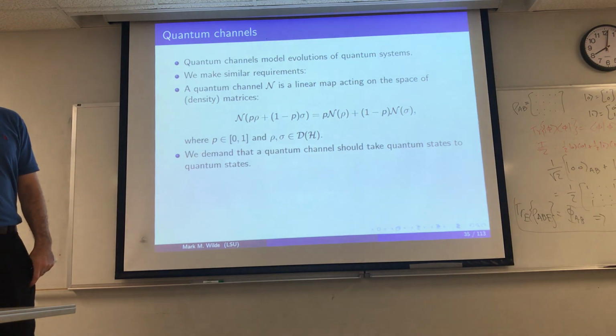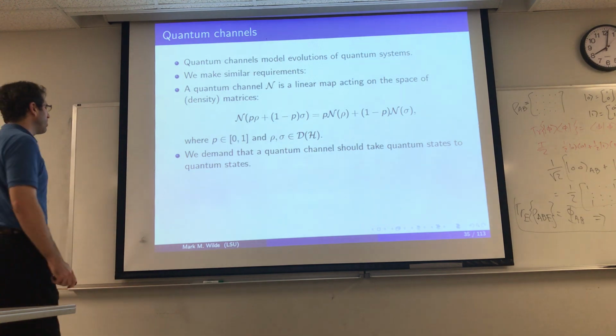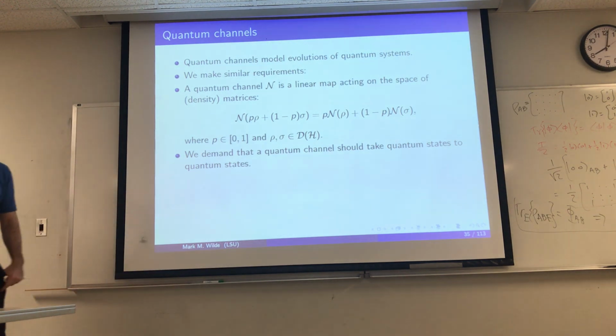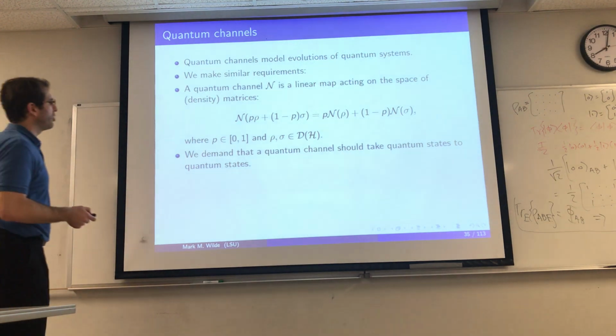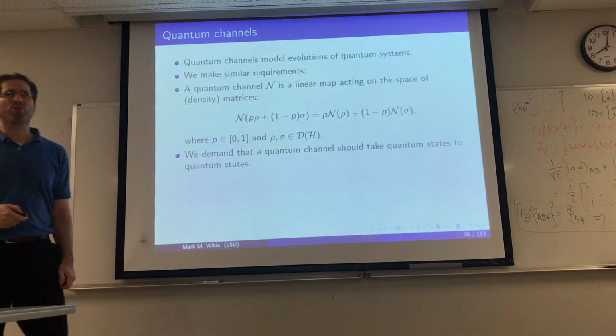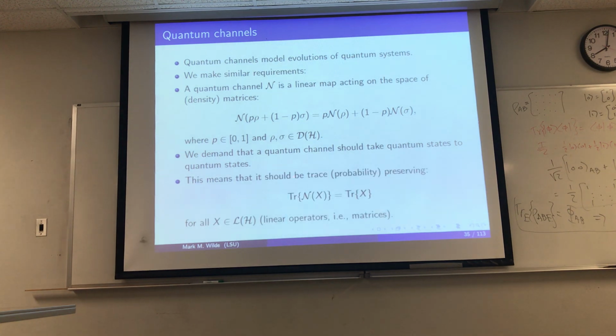It should take a quantum state to a quantum state. So it should take a positive semi-definite matrix with trace 1 to a positive semi-definite matrix with trace 1. So that's what's called a positive map. It preserves positivity. And it should preserve the trace. So that's called trace preservation. So you want those properties so that it makes sense.